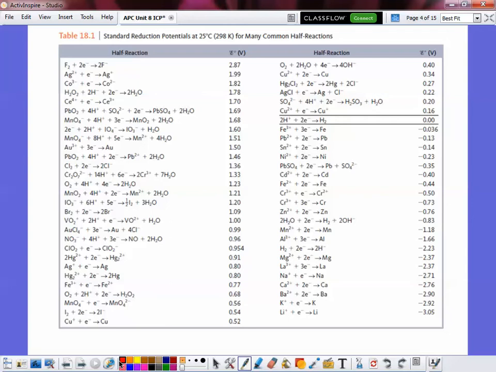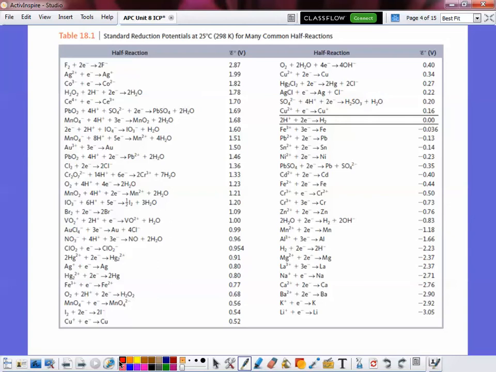What is the title of this table? Okay. Standard reduction potentials for common substances. Standard what potentials? Reduction potentials. Look at all of what's in this table.